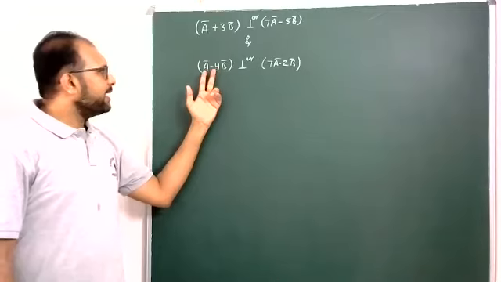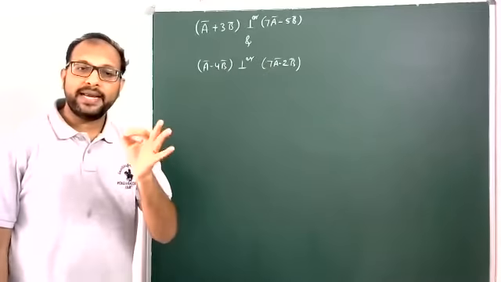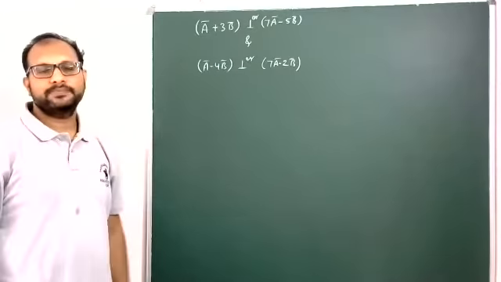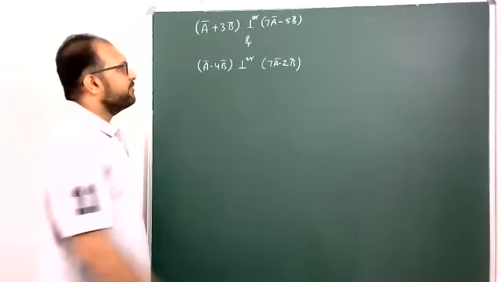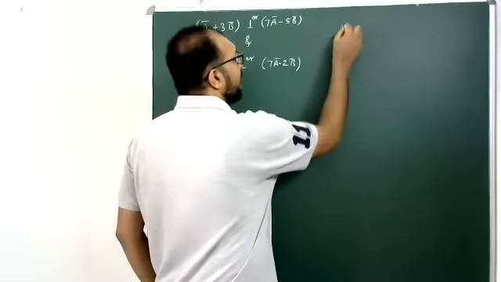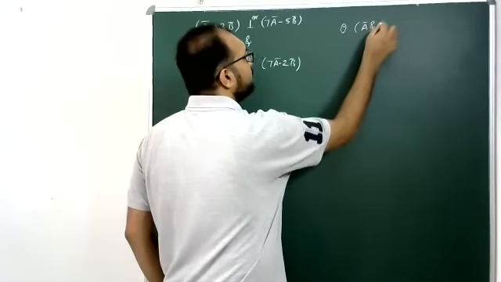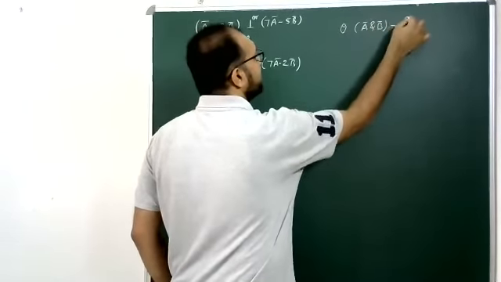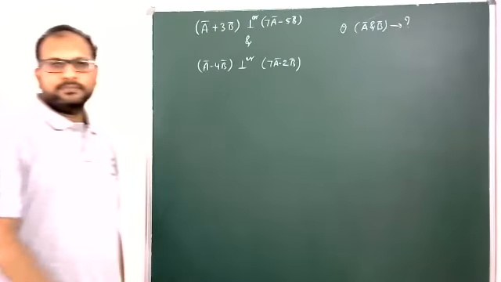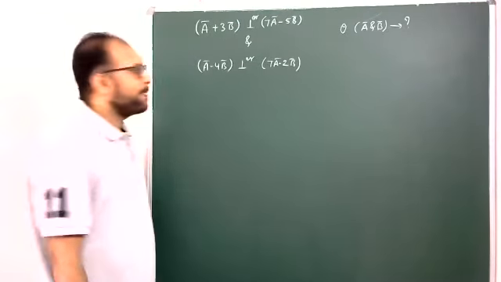And similarly, A bar minus 4B bar and 7A bar minus 2B bar are again perpendicular to each other. Then from these two conditions, we need to find the angle between A bar and B bar. This angle is now our target.